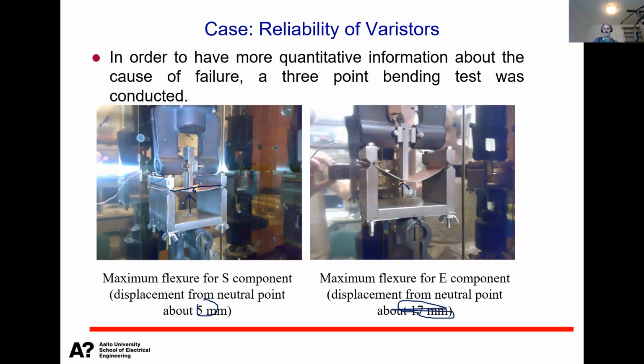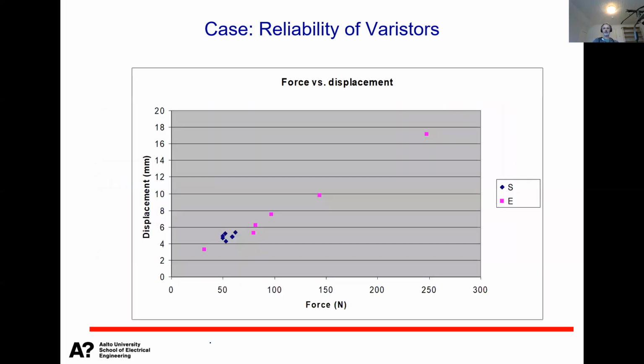So clearly one can say that this E component withstands much higher bendings. So it's mechanically much more rigid. These are the actual results. And we can see that with the E, of course, the scatter was quite a lot larger, but for the S component, most or all of the components failed with relatively small force.